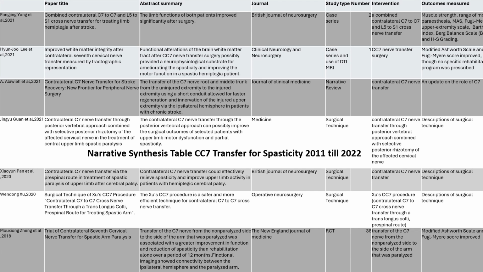The landmark paper is obviously the randomized controlled trial of 36 patients, which I've mentioned earlier. So it is worth your while to look at this table, if those of you who are interested, to see what is the evidence for contralateral C7. Obviously, this shows there's a tremendous scope for further research with further observational studies on the role of contralateral C7.